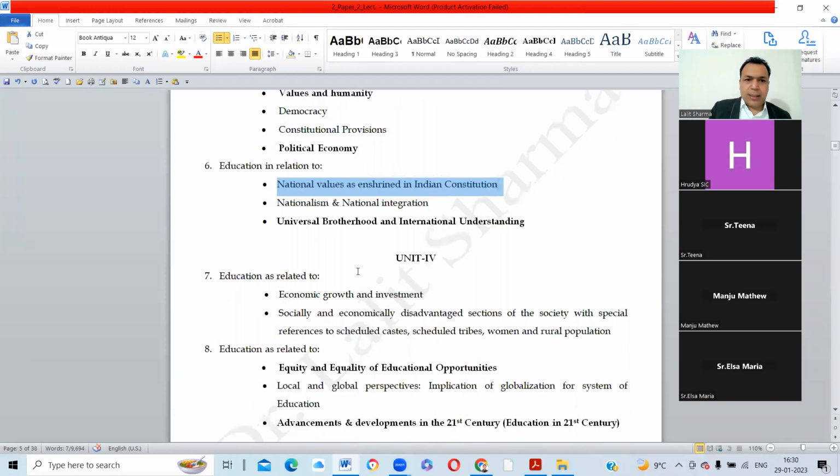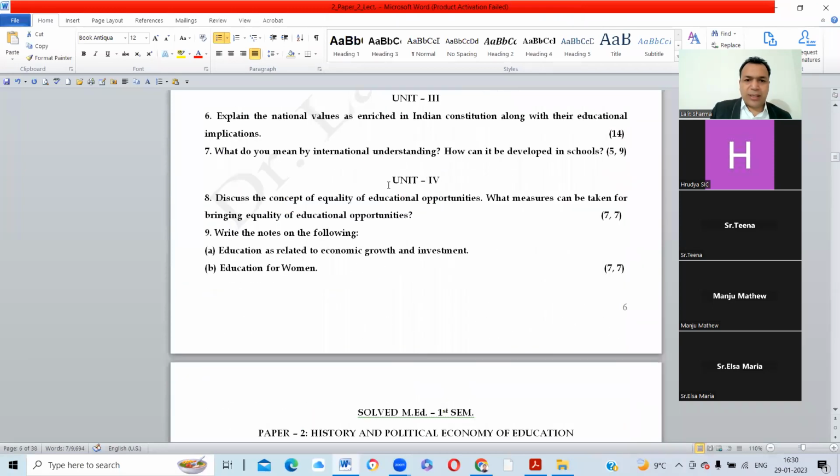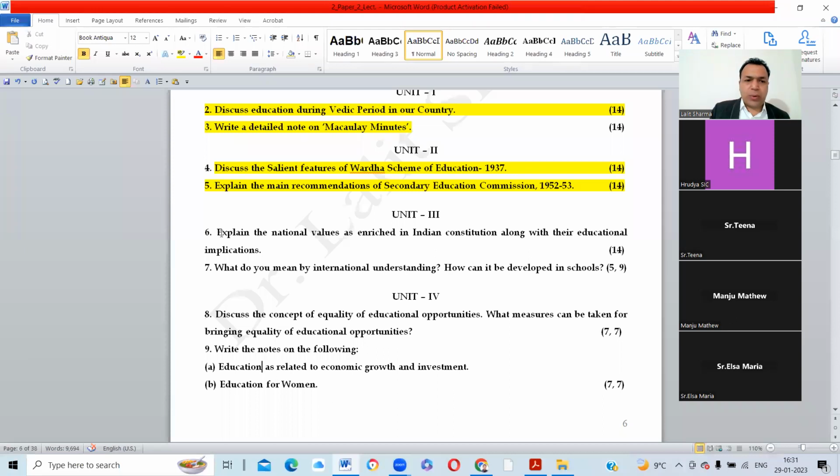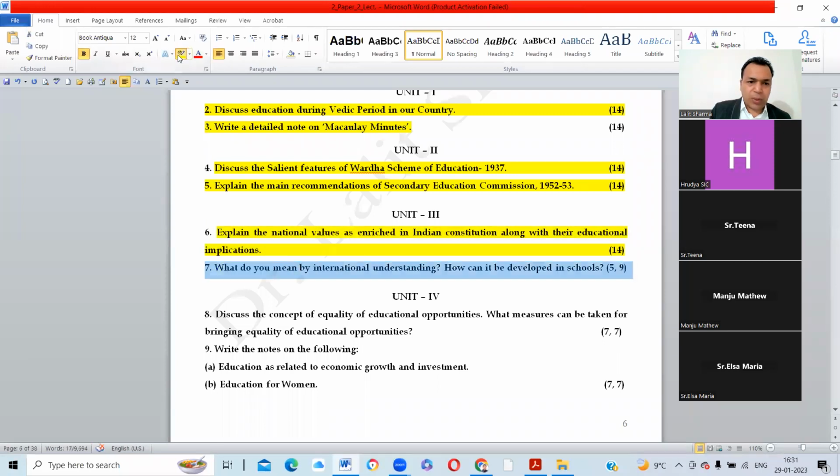And the last one is unit 4. Discuss the concept of equality of educational opportunities. And this one, write notes on the following: education as related to economic growth and investment, and education for women. So guys, we have discussed our syllabus and last year's paper.